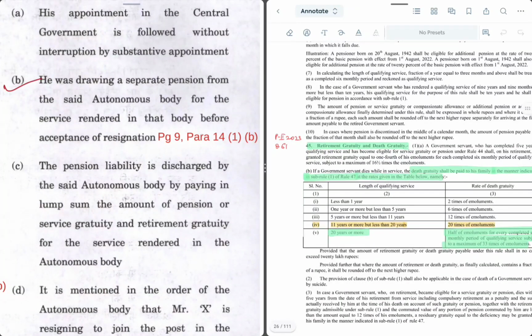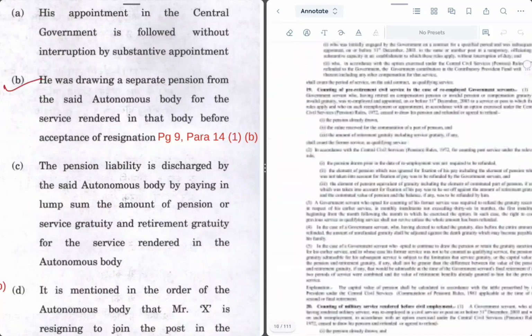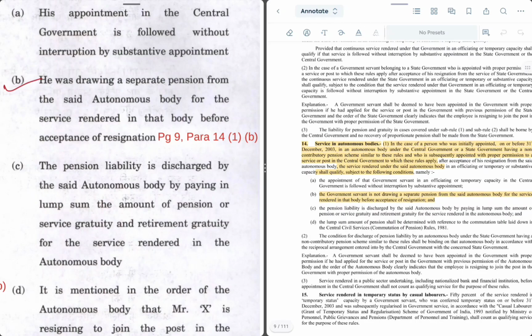Let me go to page 9. Para 14, service in autonomous bodies.